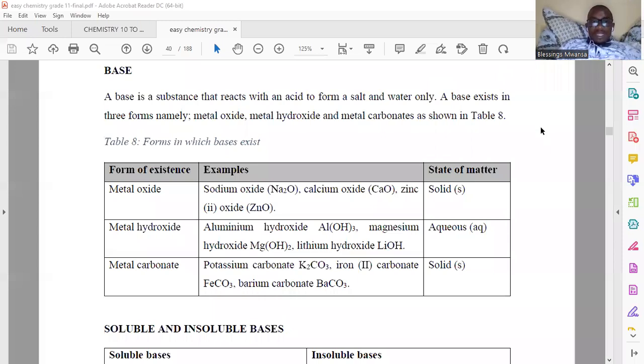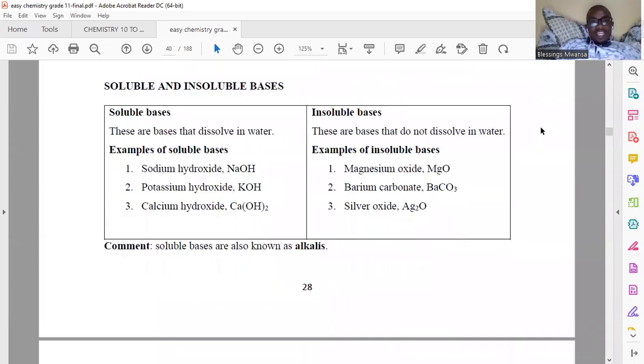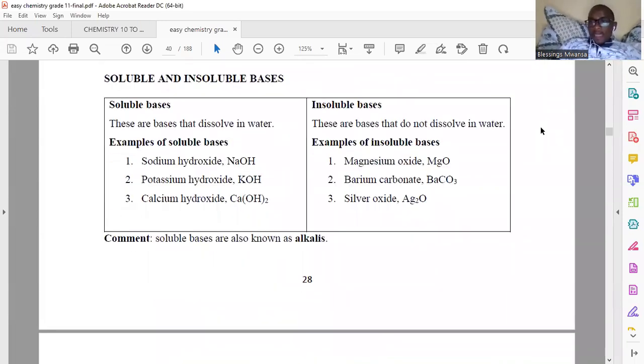Now, this base can be soluble and sometimes it can be insoluble. What do they mean when they say a base is soluble? A base is soluble when it is capable of dissolving, and this dissolving can be full or partial.